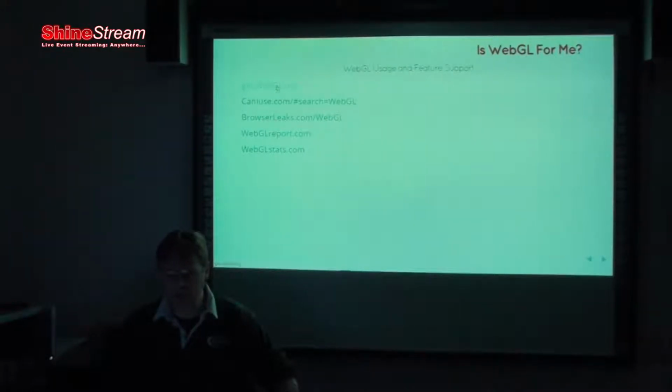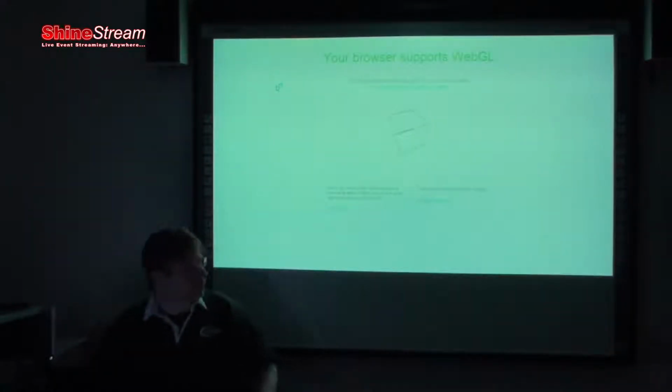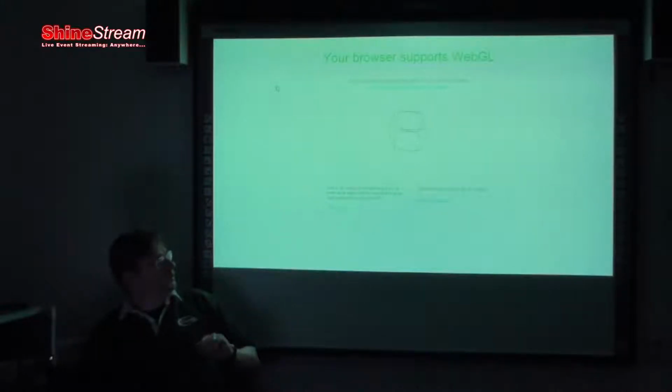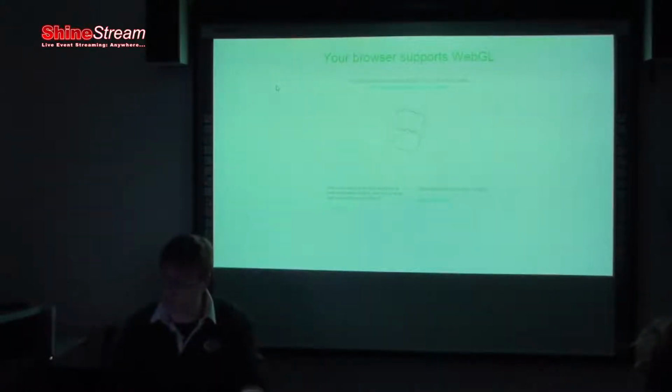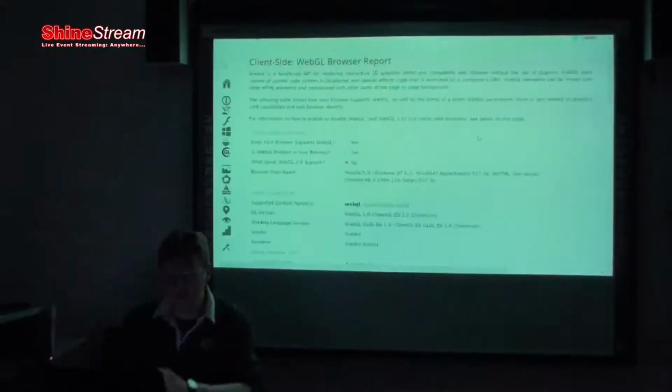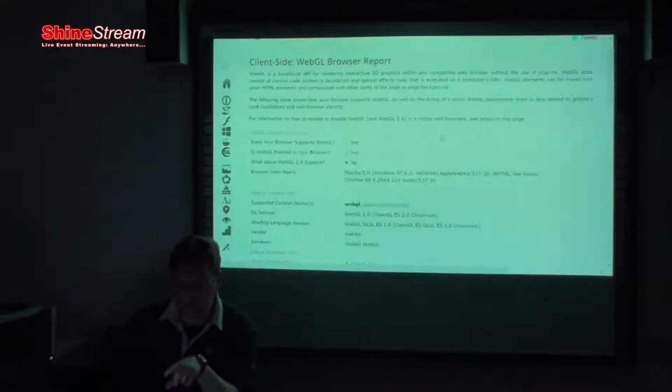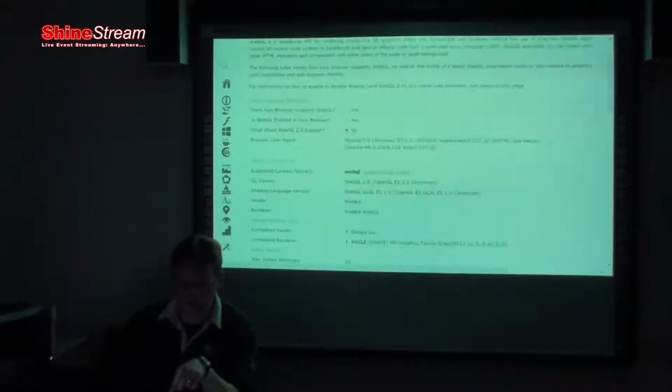But get.WebGL is interesting, because if you go to that website and you don't get a cube spinning, you can't use WebGL. It's not on your browser or your machine, which would be very, very odd these days. So this is a good one. It tells you things. Does your browser support WebGL? Yes. Is it enabled? Yes. WebGL 2 is coming down the pipeline.